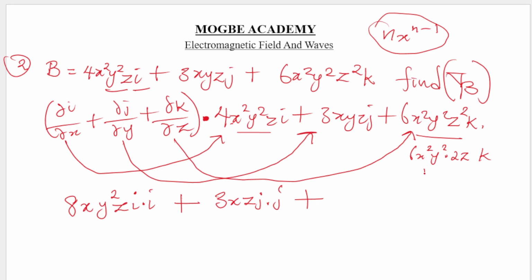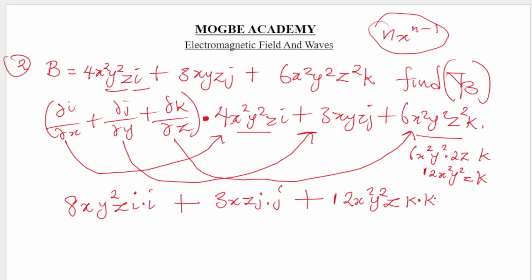So here you have 12x square y square z of k component, and this will be k multiplied by k.